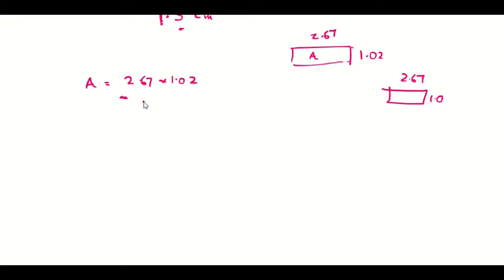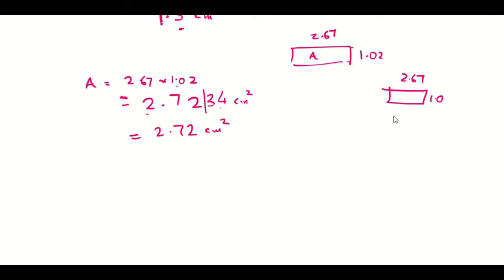And that comes to 2.7234 centimeters squared. Now, our measurements were accurate to 3 figures and 3 figures. The result cannot be accurate to more than 3 figures, so we have to cut off here. And that becomes 2.7, well, this is less than 5, so 2.7 is the answer. So 3 figures here, 3 figures here, the result has to be 3 figures.